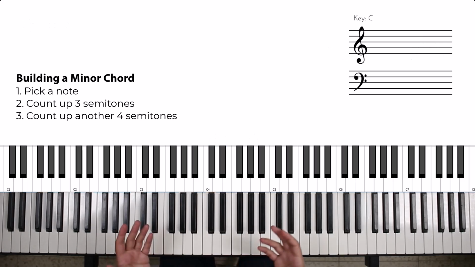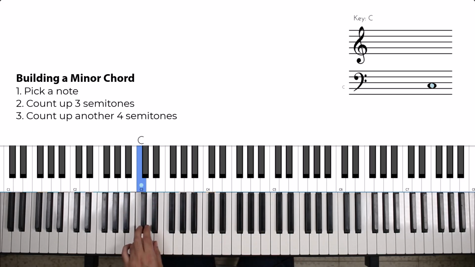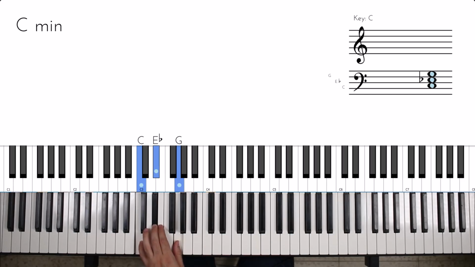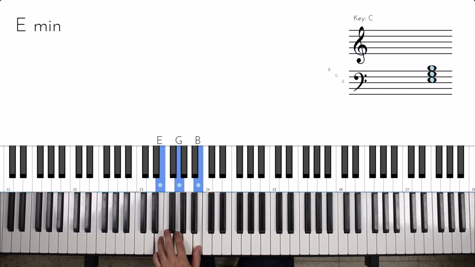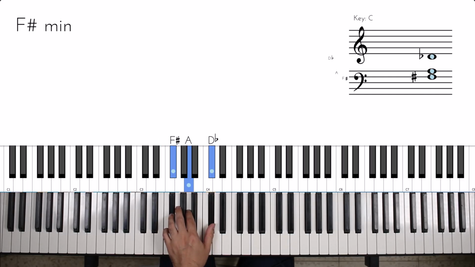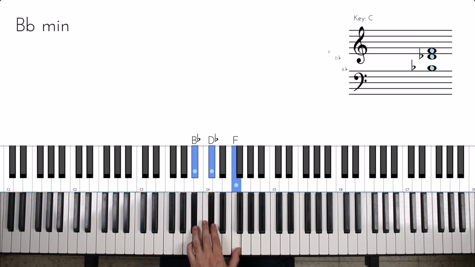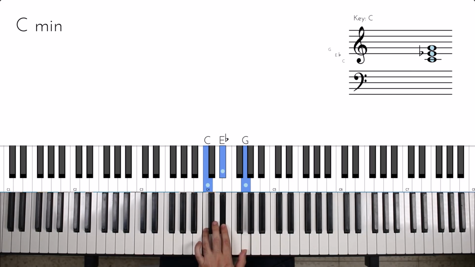Now there are 12 notes on this scale on the piano: C, D flat, D, E flat, and so forth, until you go back to C, and this means that you have 12 different minor triads. C minor, D flat minor, D minor, E flat minor, E minor, F minor, G flat minor, G minor, A flat minor, A minor, B flat minor, B minor, and back to C minor.